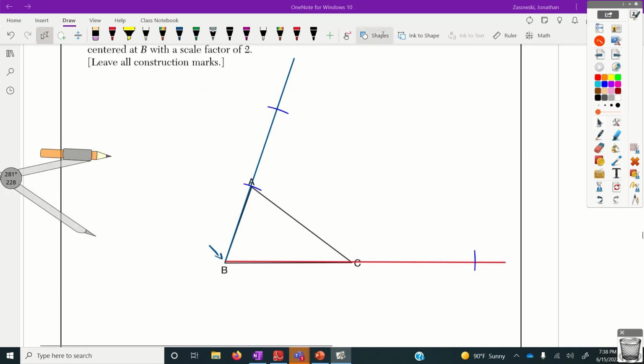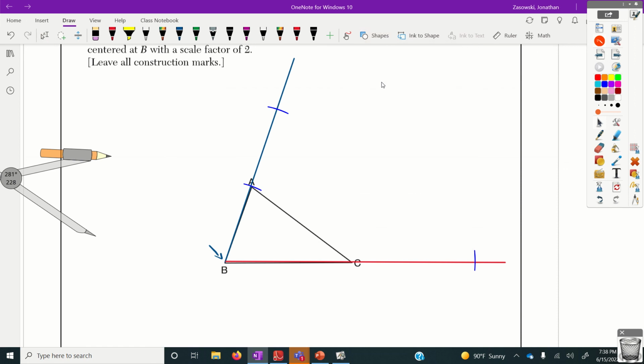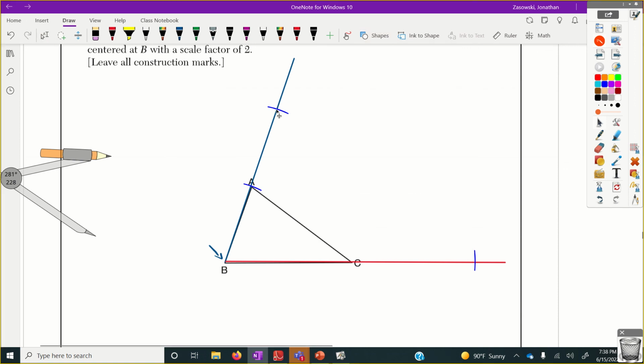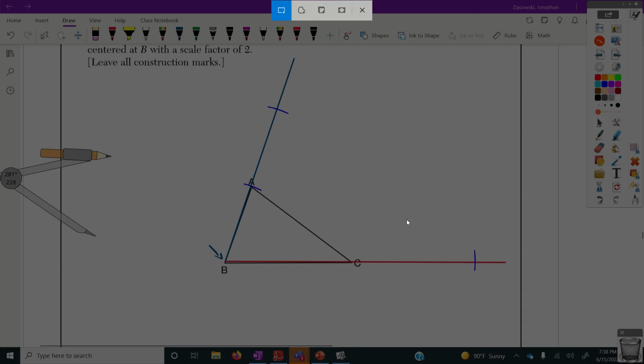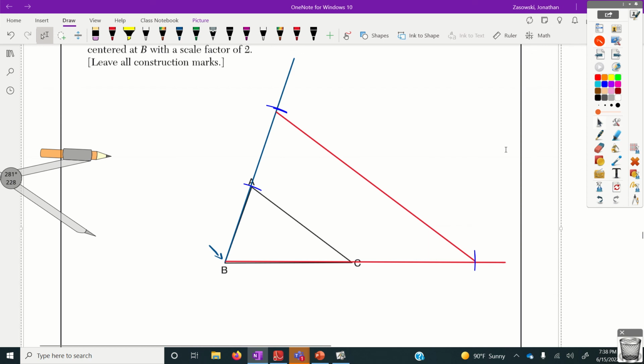And the last thing we want to do then is just connect those two with a line. I think we just broke something. Let's try that again. Oh no. And there's our answer. Okay? So that would be full credit.